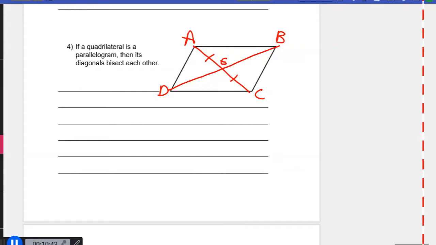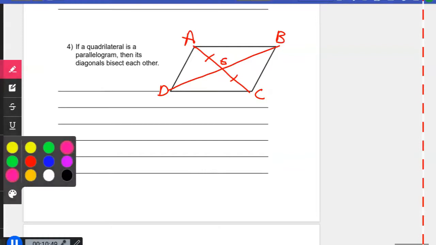Alright, this one we're going to use congruent triangles. So I am going to try to get triangle AED congruent to triangle CEB, and I've got one side, AD congruent to BC, and I've got the vertical angle in the middle.